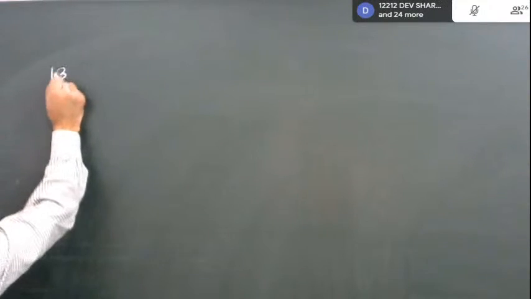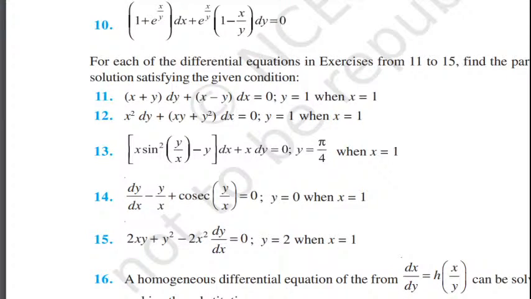Arpita Khilar, can you read question 13th? Yes, please. Okay, Saurabh, yes, continue. x sin square y upon x minus y whole dx, next, plus x dy equal to 0.